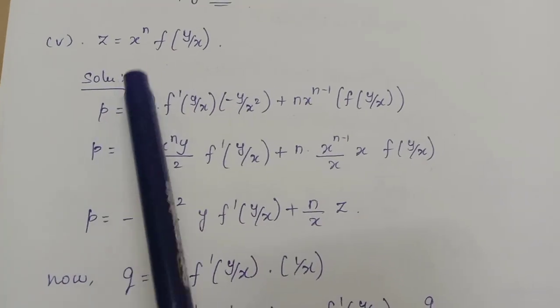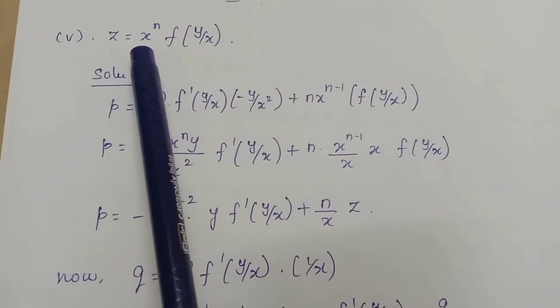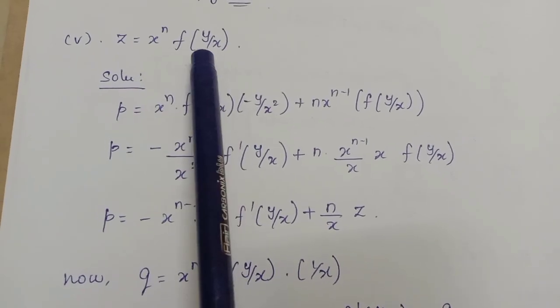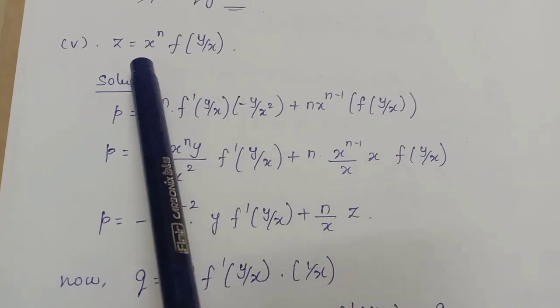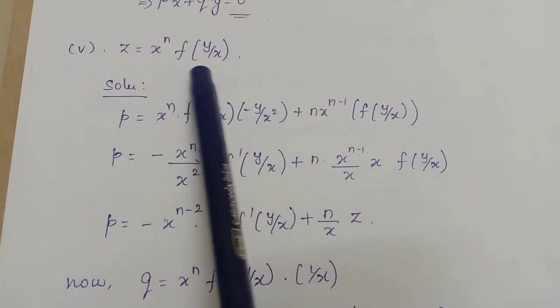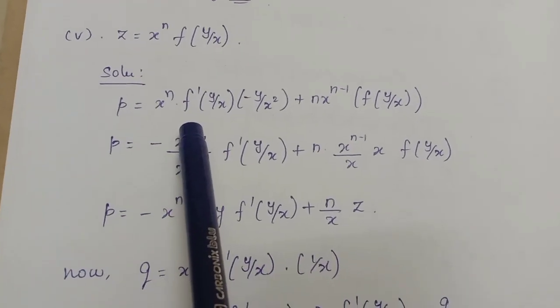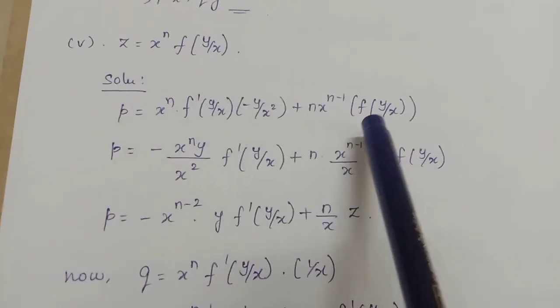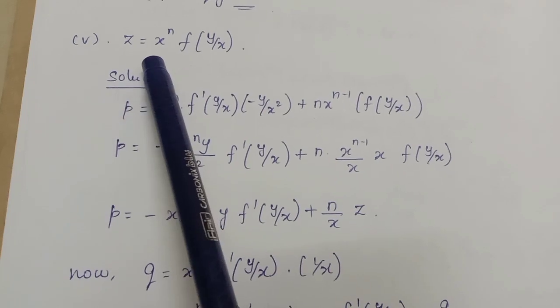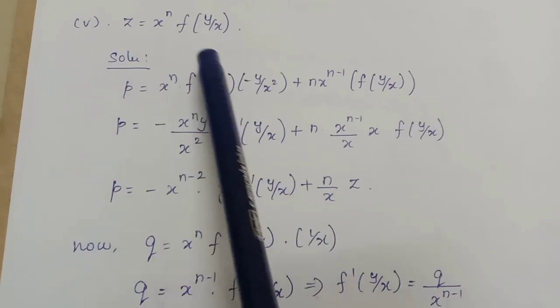So what is p? Here you see this is a function of x and this is also a function of x. So here you have to apply product rule for differentiation. So x power n into differentiation of f of y by x is f dash of y by x into minus y by x square plus f of y by x you keep as it is, differentiate x power n. Differentiation of x power n is what?